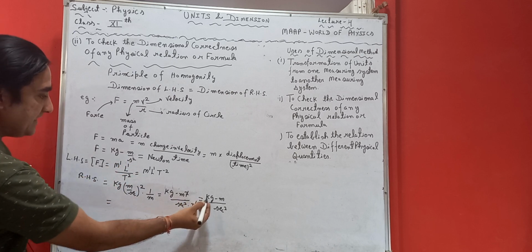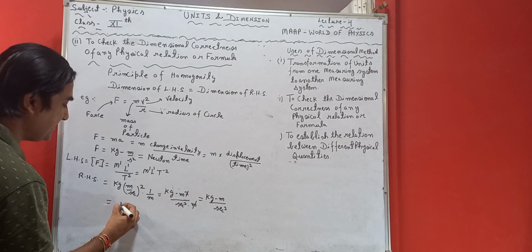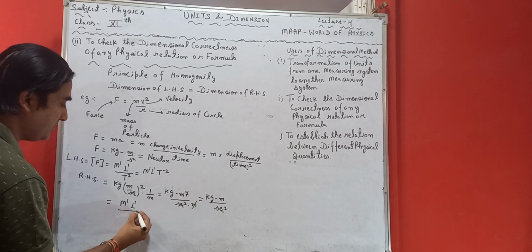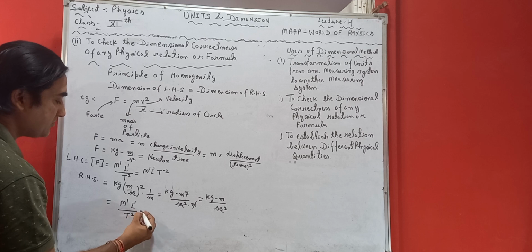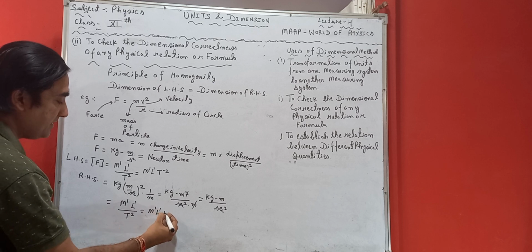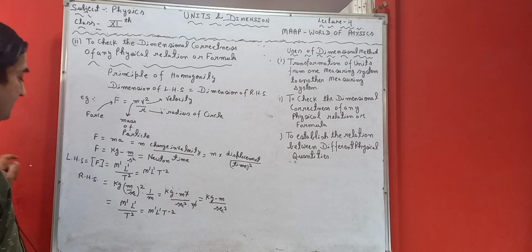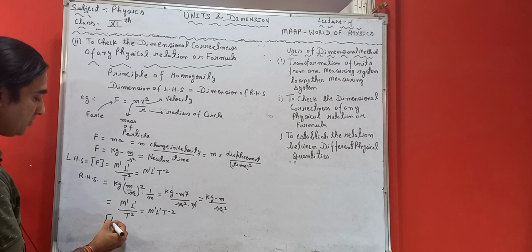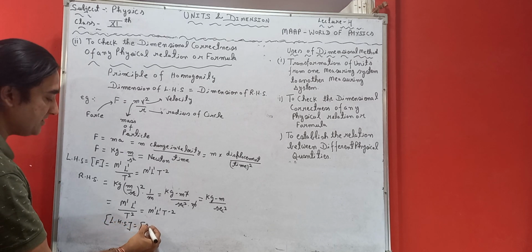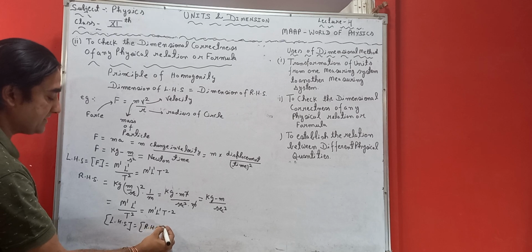So we can write the dimensional formula. Kilogram is mass, power is 1, meter is length, upon second square, t square. So M1 L1, and because here the power is again 2, M1 L1 T minus 2. So we can say that the dimension of LHS is equal to the dimension of RHS.